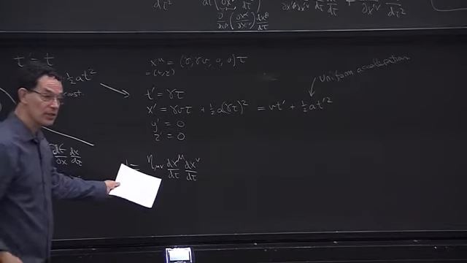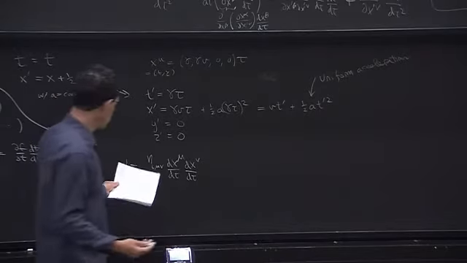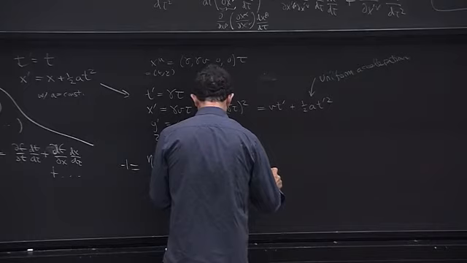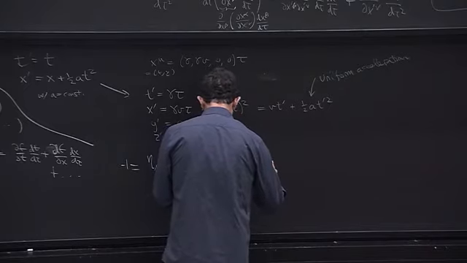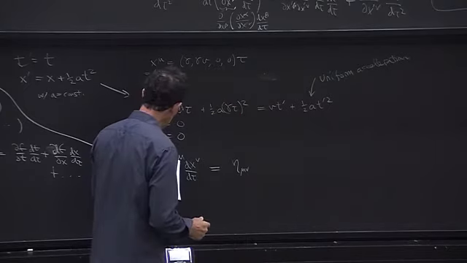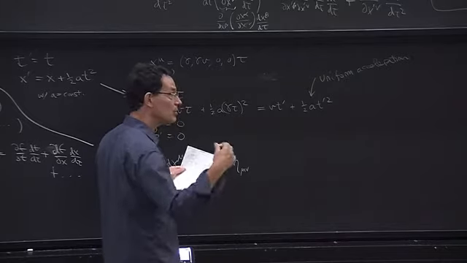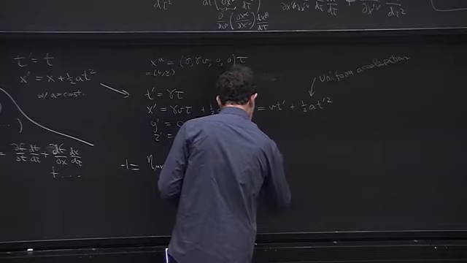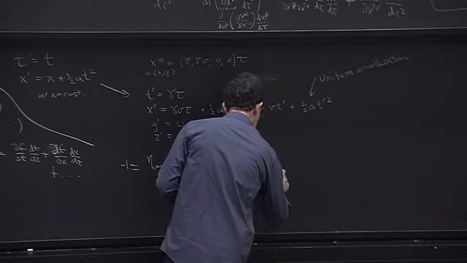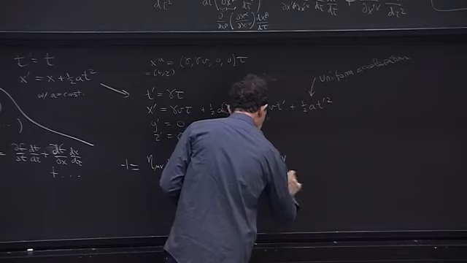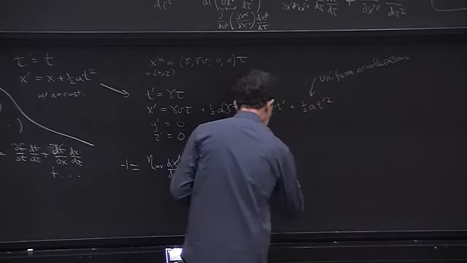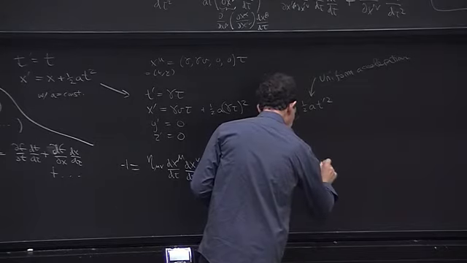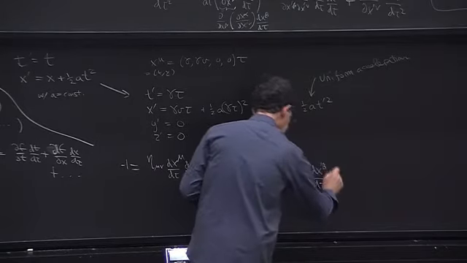Let's now interpret this equation in the new coordinates. So how does it look? Well, all I need to do is express dx^mu/dtau in terms of dx prime/dtau. So this is dx^mu/dx prime^alpha dx^nu/dx prime^beta dx prime^alpha/dtau dx prime^beta/dtau.